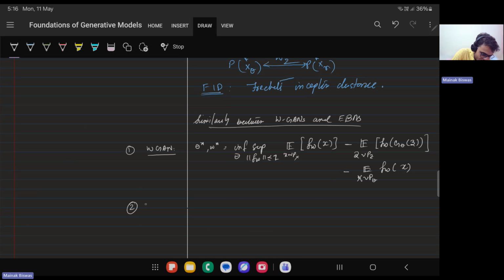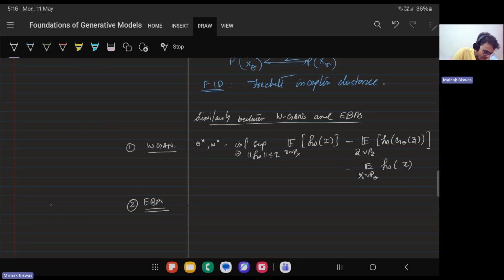And if you see the energy-based model, EBM, such that log of P theta of x is e to the minus H theta of x, minus log of the partition function. If you see the log P theta of x, and you had done this optimization in the previous session.